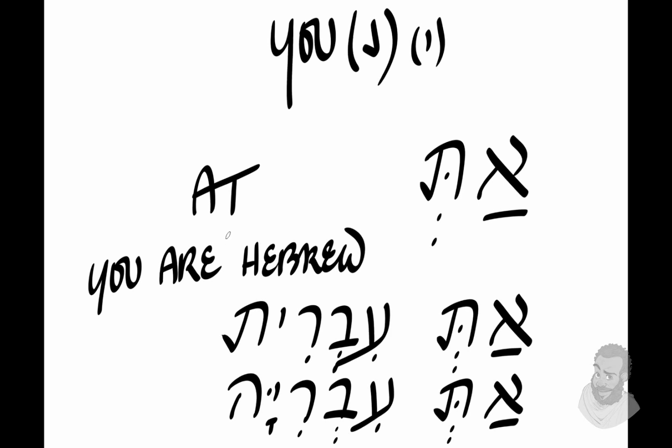Okay, you are a Hebrew, you are Hebrew. At Ivris, at Ivriya. Or switch it again, Ivris at, Ivriya at. Now I've never seen a pausal form for this. Might be one. I'll have to look in the concordance to see, because this occurs many times. So I'm not sure. I know male, it's prevalent more often.